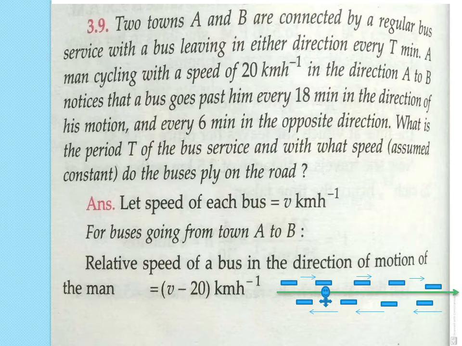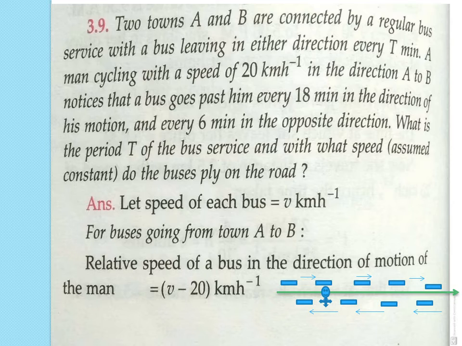So first of all, to calculate the distance, we have to calculate the relative velocity of the bus with respect to the cyclist in both the cases. When they are moving in the same direction, their relative velocity will be the difference of the two velocities, and when the bus is moving in the opposite direction of the cyclist, the relative velocity will add up, and the time is given to you.